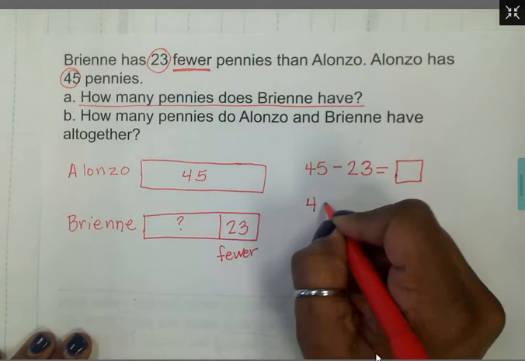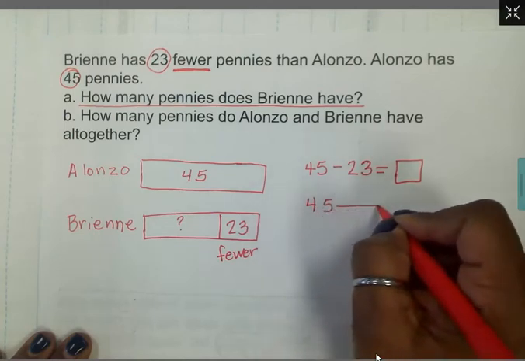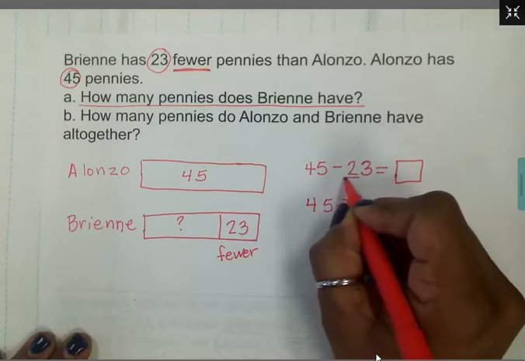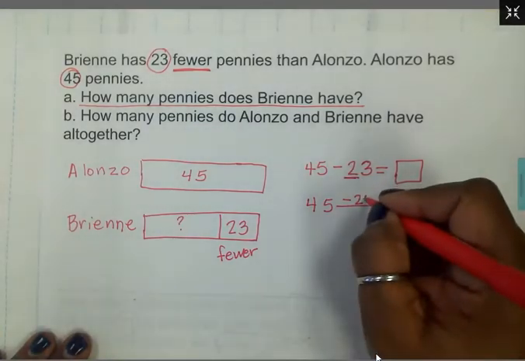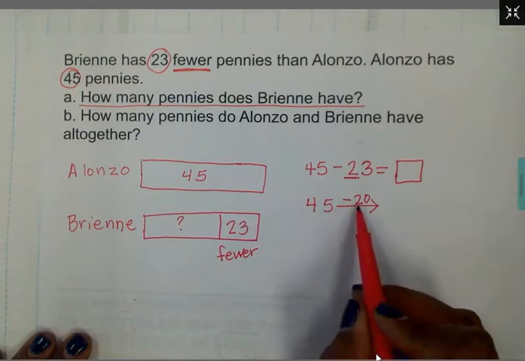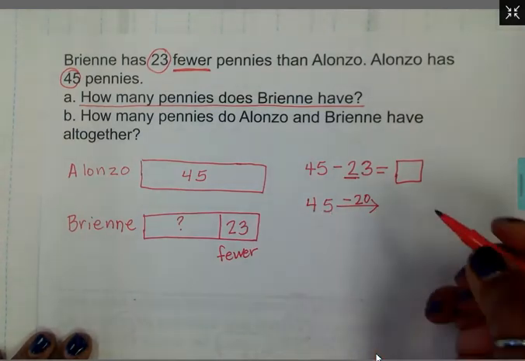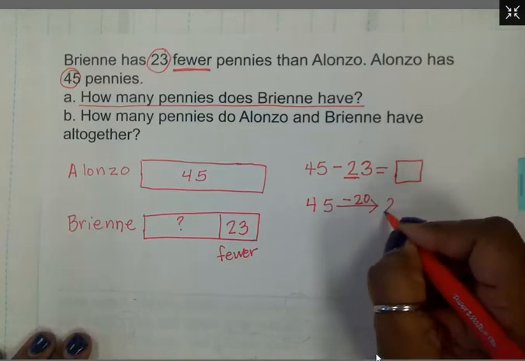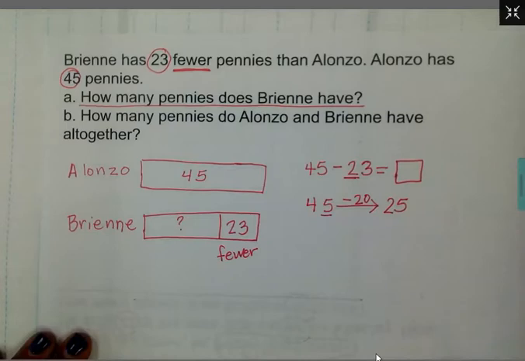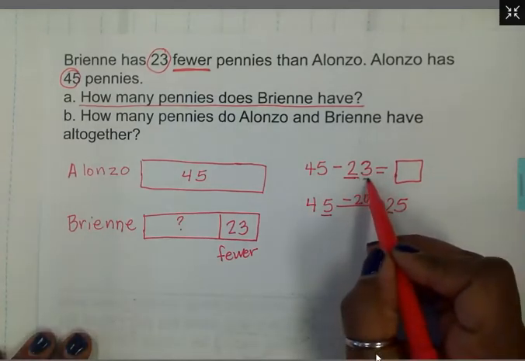So we have 45 minus 20 because we have two tens there. 4 tens minus 2 tens gives us 2 tens. We have our 5, it's 25. Don't forget our 3 here.